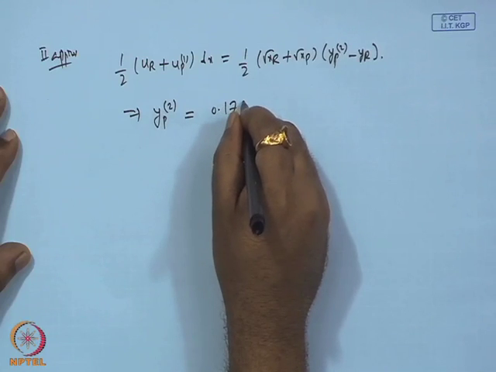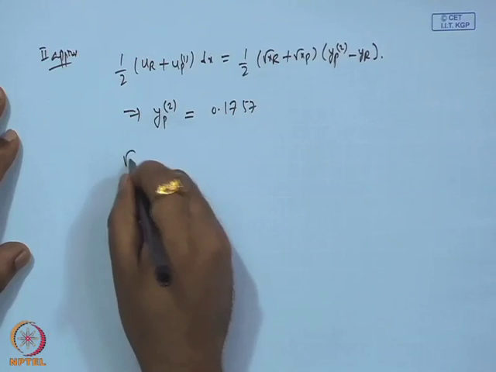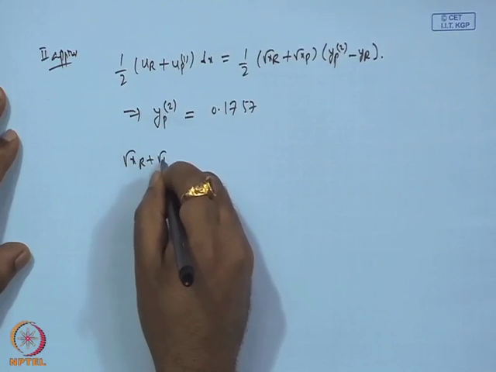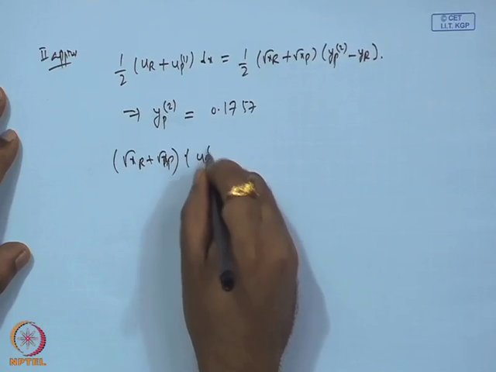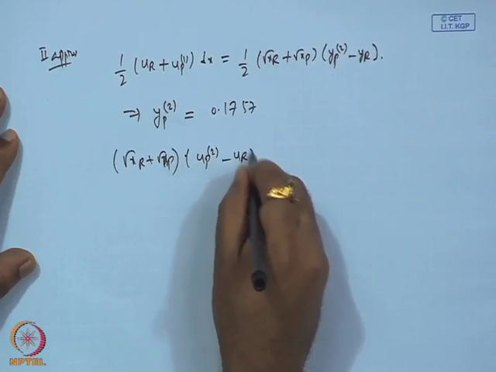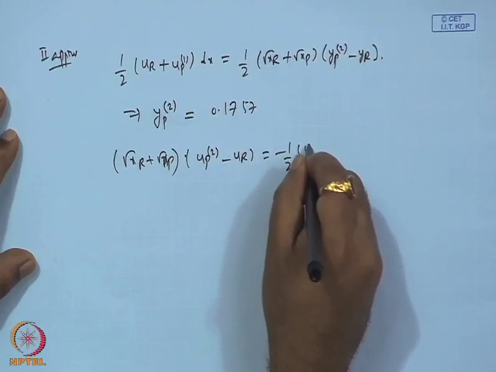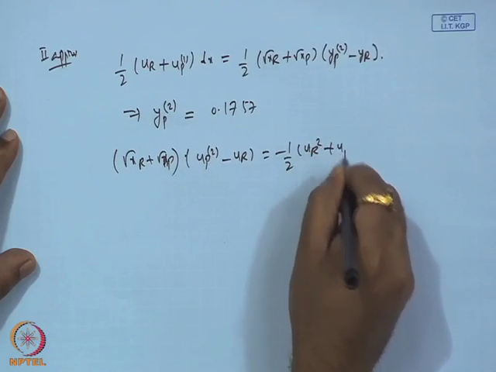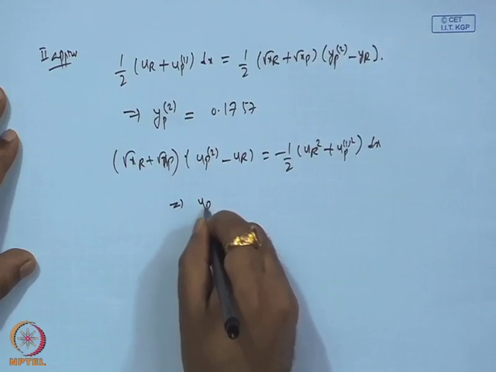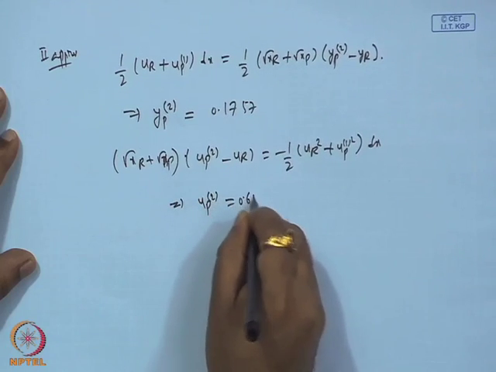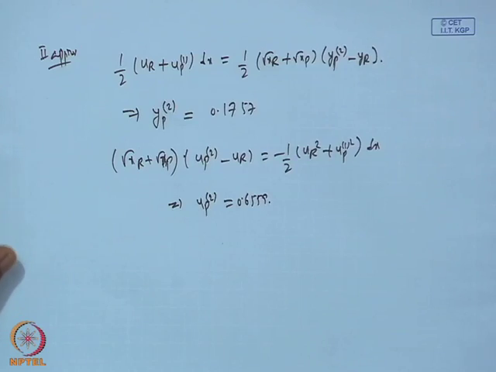So, you can substitute the values, then this into u p 2 minus u r, so this will give u p 2. So, this is the numerical procedure along the characteristics.